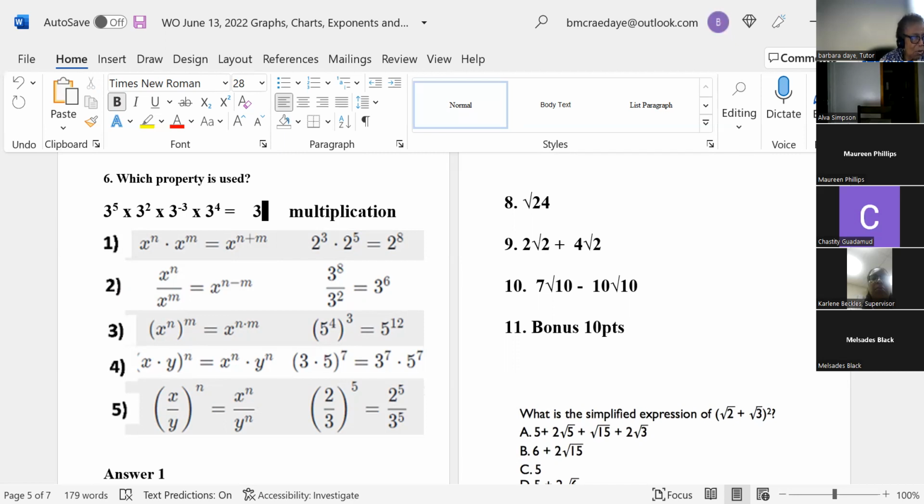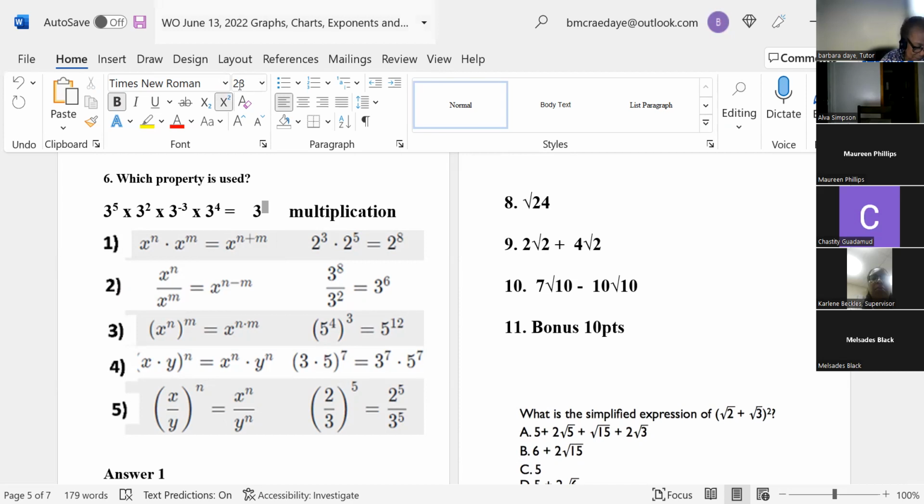What is the power you get when you add those powers? What do you get, Maureen? Is it 8? Chastity said 3 to the 8th power.